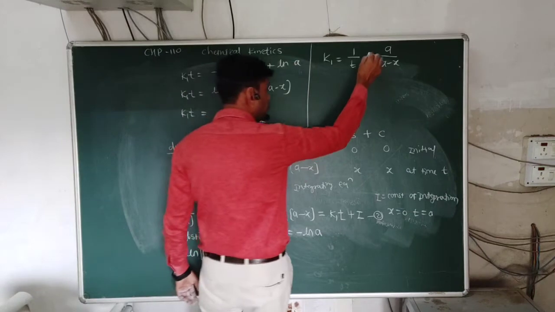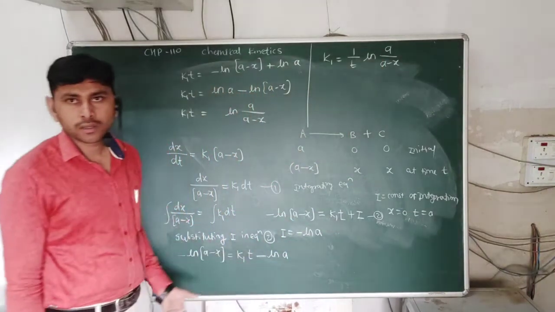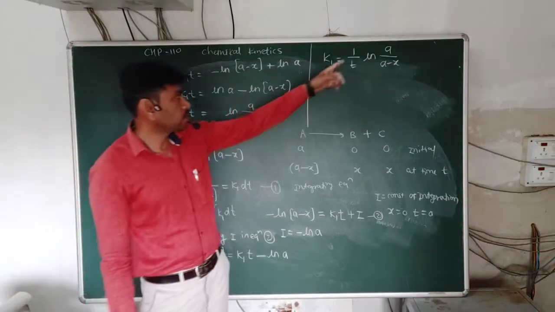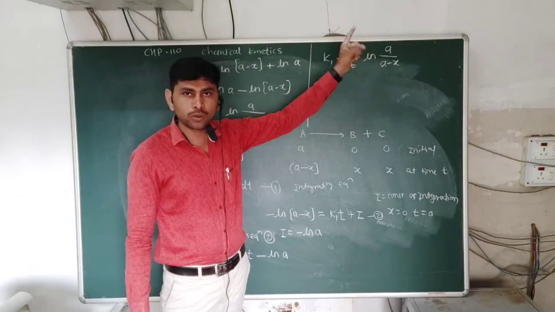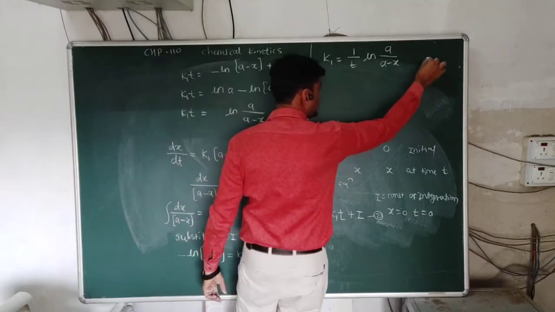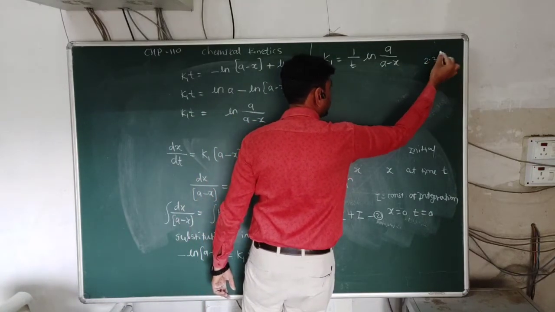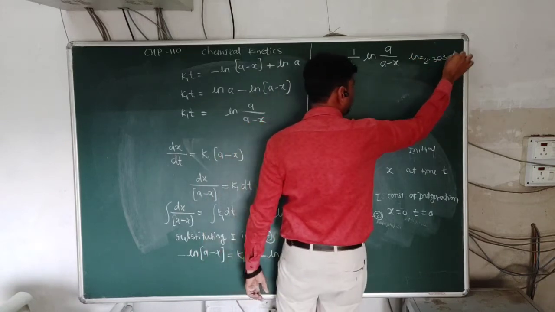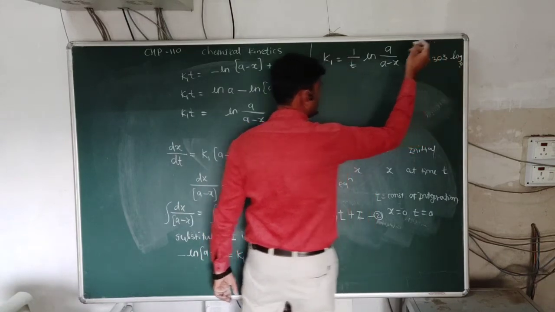If we want to convert this natural log into log to the base 10, we must multiply by 2.303. So ln equals 2.303 log to the base 10.